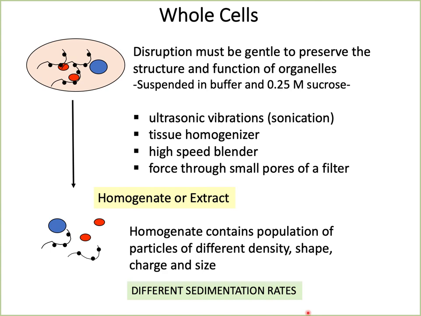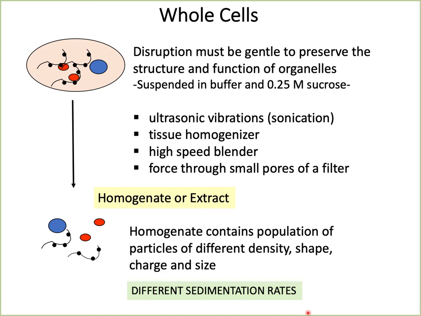So disruption is usually achieved in the presence of an osmoprotector. What is an osmoprotector? Often the cells are disrupted in the presence of approximately 0.25 molar chilled sucrose solution, which protects the integrity of the organelles when the cells are disrupted.